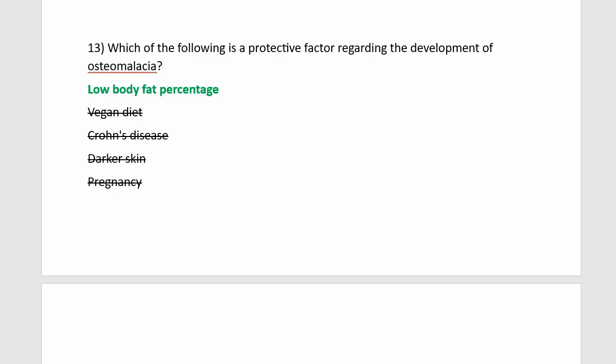If you have a high body fat percentage, it creates a higher capacity for vitamin D to be stored in your body. And because the vitamin D is being stored in your fat, in your adipose tissue, it's therefore not circulating the body in the bloodstream. So having a lower body fat percentage is a protective factor for osteomalacia, and having a higher body fat percentage is a risk factor.